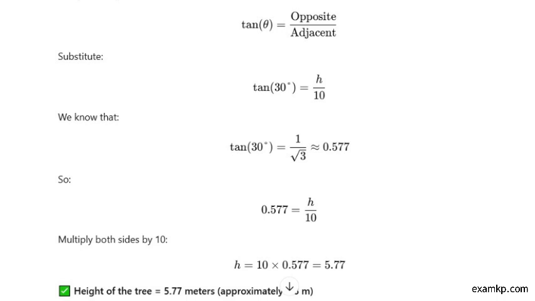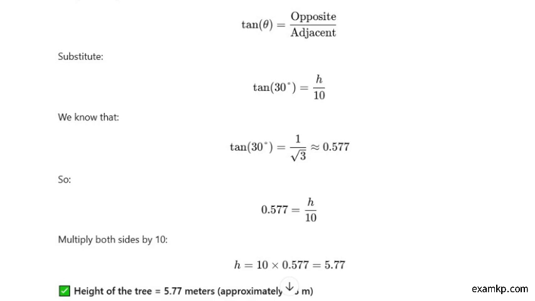That means h equals 10 times tan 30 degrees. And since tan 30 is equal to 1 over root 3, that gives us h equals 10 times 0.577. That's equal to 5.77 meters. So the tree is approximately 5.77 meters tall.